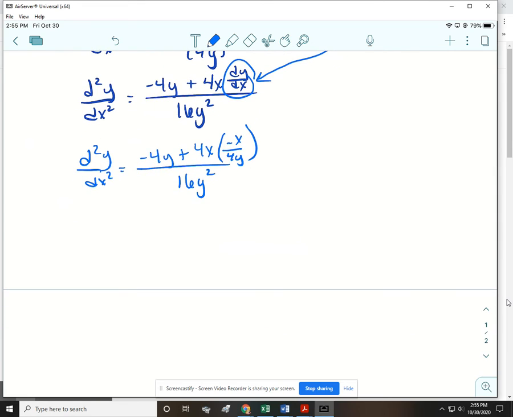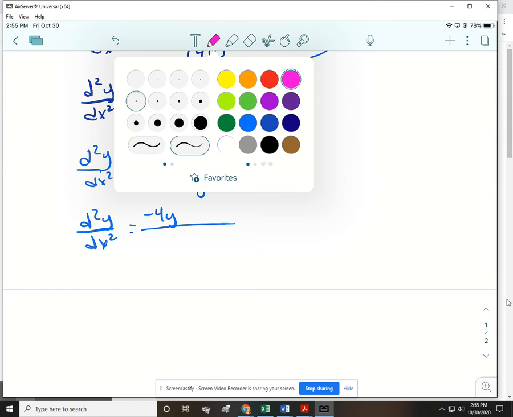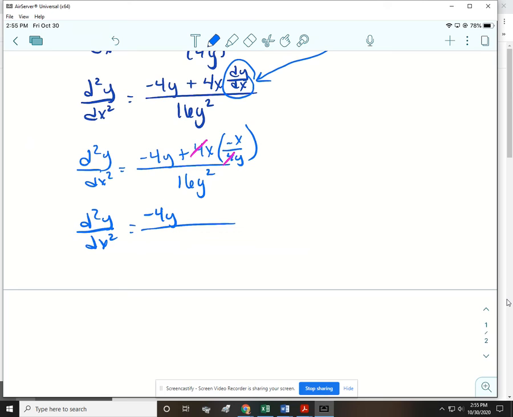Then I would want to go ahead and do some multiplication. When I'm multiplying 4x by something that's over 4y, my 4's are going to cancel out. Then positive times negative is negative, and x times negative x gives x squared over y.